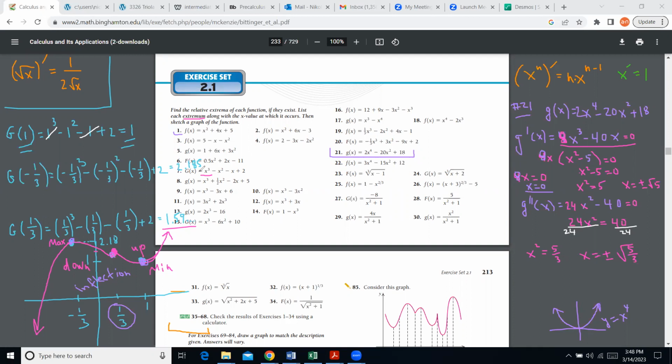Well, what makes me feel better is the fact that this is going to be an even function. Just like here, x to the 4th, even power. And that is why I can just graph whatever is to the right of my y-axis, and the left side will be a mirror image.